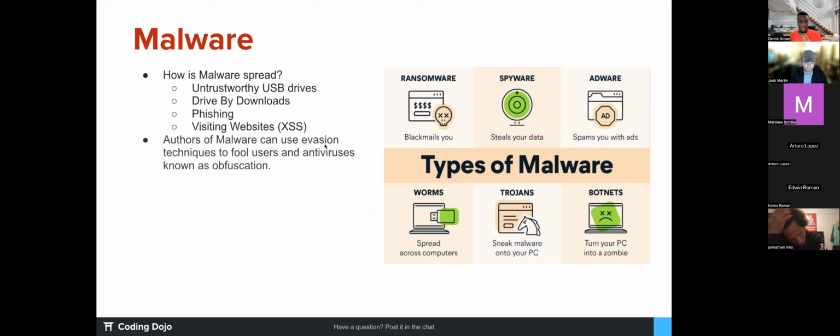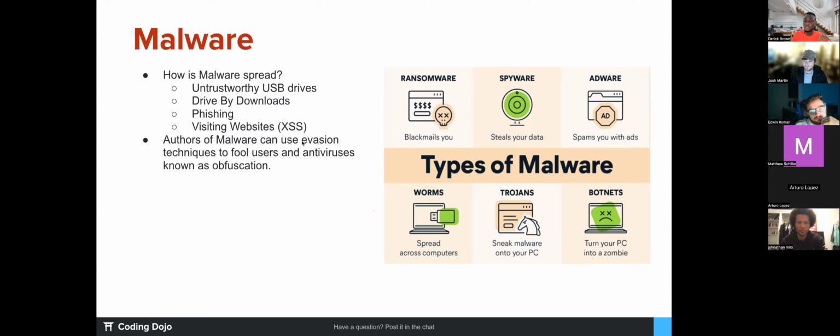And phishing, which we all know what it is, trying to trick people into giving information, mostly through email, and then visiting websites that might have cross-site scripting enabled. Sometimes, I think at a point they said, if you want to use someone's computer, it's probably not wise to use it for anything personal.